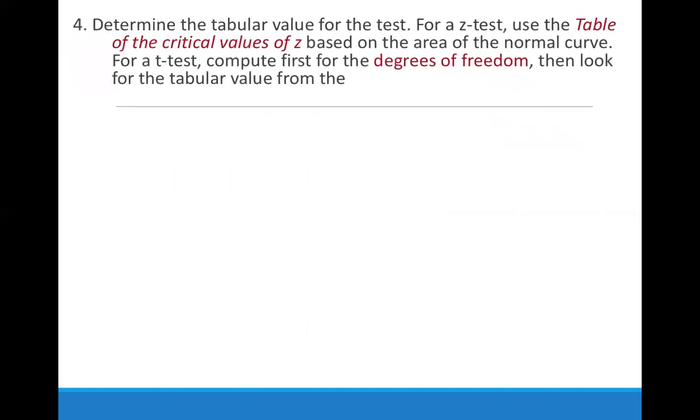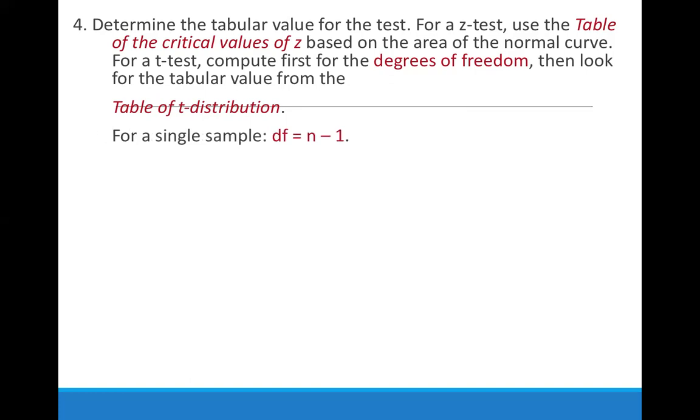Next step is to determine the tabular value of either the z or the t-test. So we use the table of the critical values of z based on the area of the normal curve. For a t-test, we first compute the degrees of freedom, then look for the tabular value from the table of t distribution.